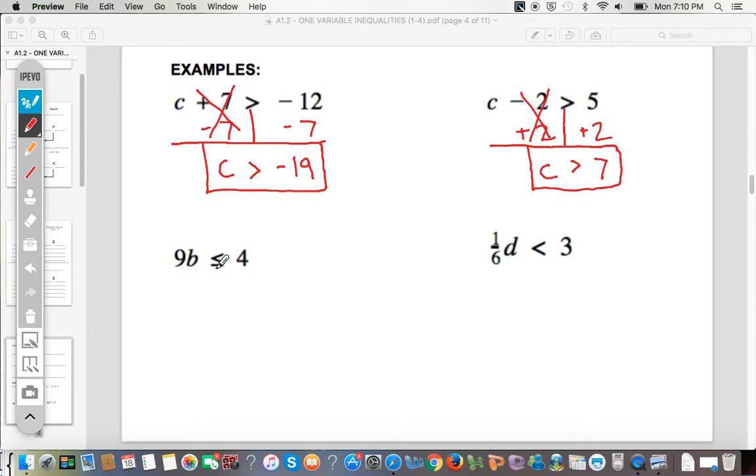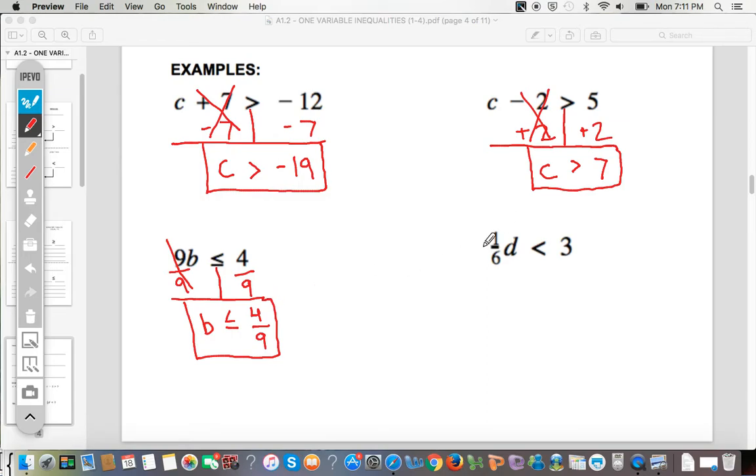Okay? Moving on to this one. I'll make my t. Divide by 9 on both sides to get the b by itself. So 9's cancel. So I'm left with b is less than or equal to 4 over 9. Now, as I've said previously, it's okay to have improper fractions as our answer.